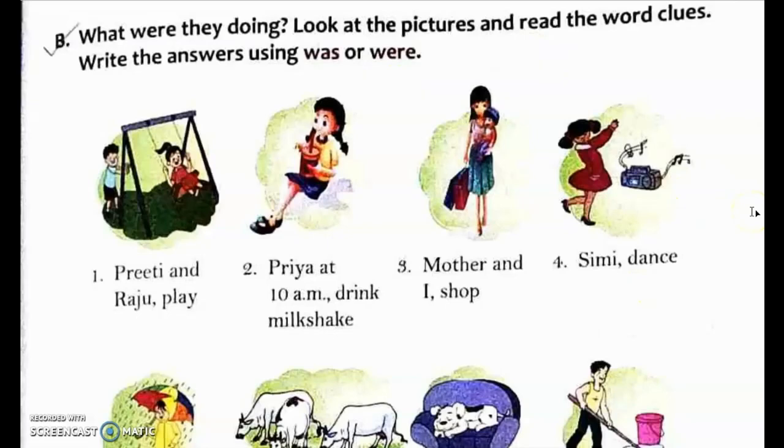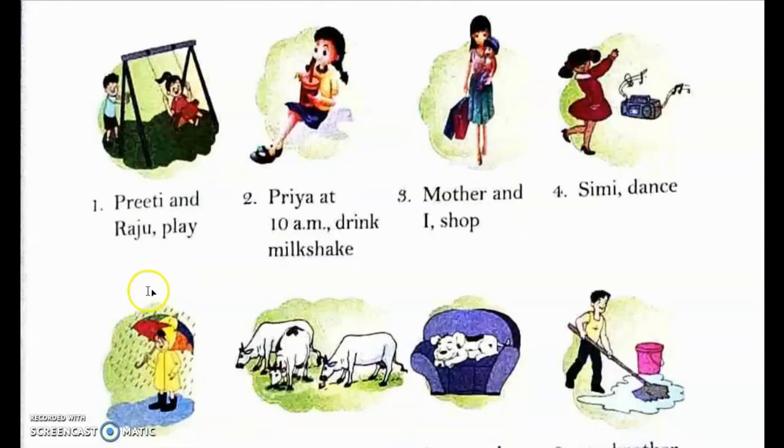We have to read the word clues given here, and accordingly we have to write the answers using was or were. So this exercise B is basically asking you questions. Okay, and these type of sentences are also known as interrogative sentences, about which you will study in your higher classes. Alright, now let us see the first one.